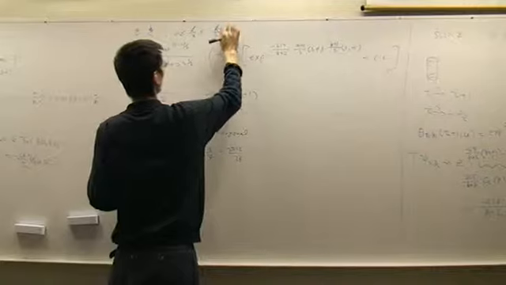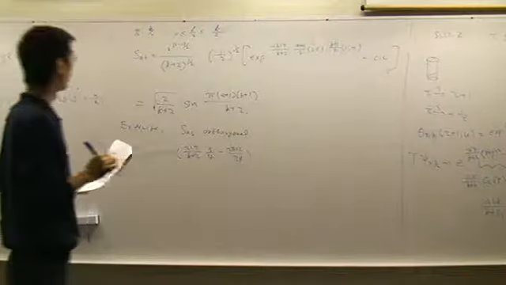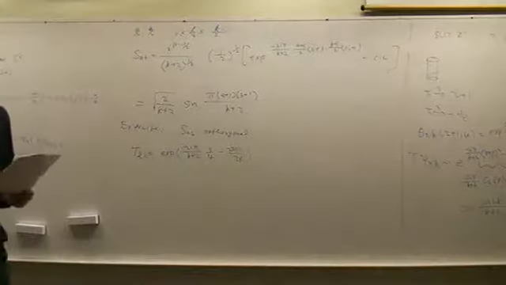So I should get exactly K plus 1 states. Okay. So let's do some calculation. Any questions so far?